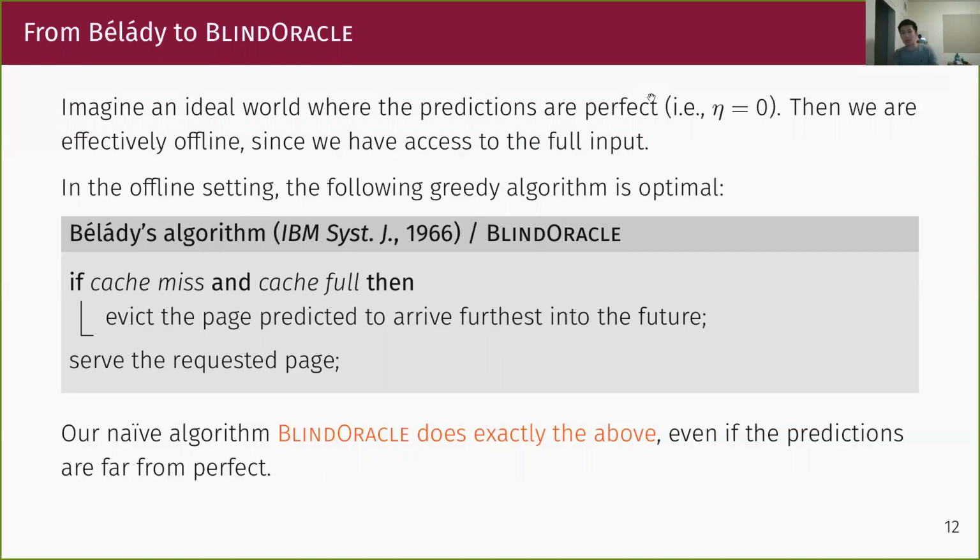This is exactly what blind oracle does, even if the predictions are far from perfect. And so what we do is we just look at the predictions for each page that we have, and we evict the page that we think is going to arrive furthest in the future, the page that is least close to arriving next.